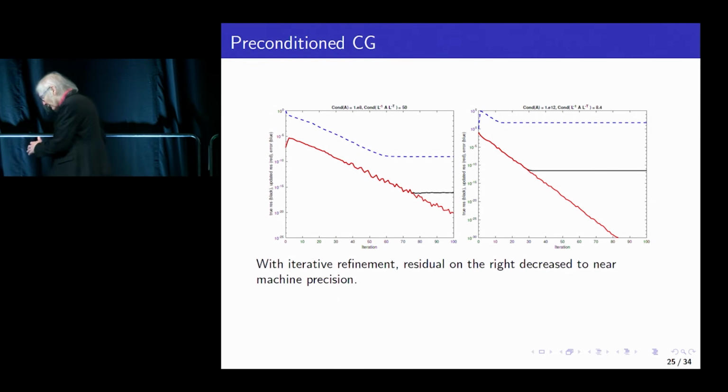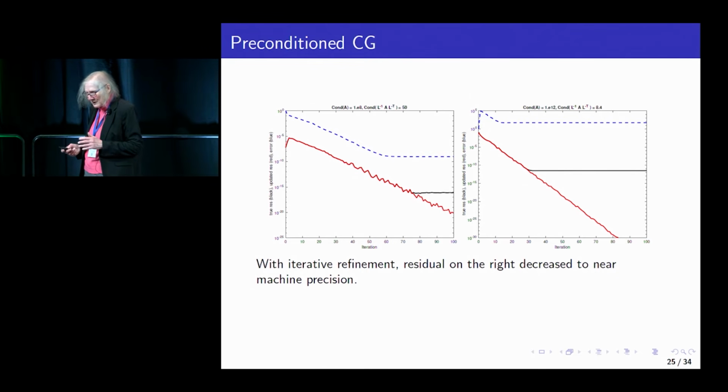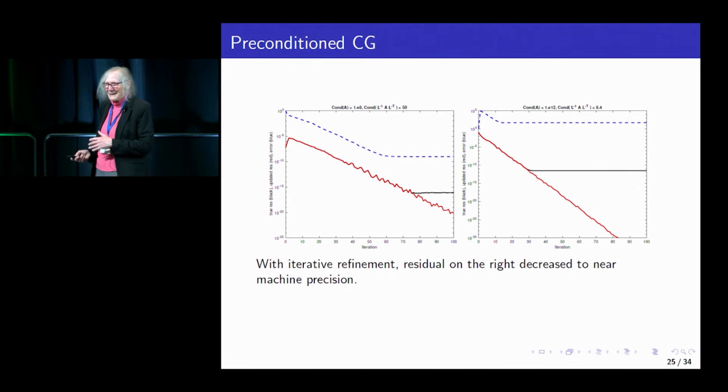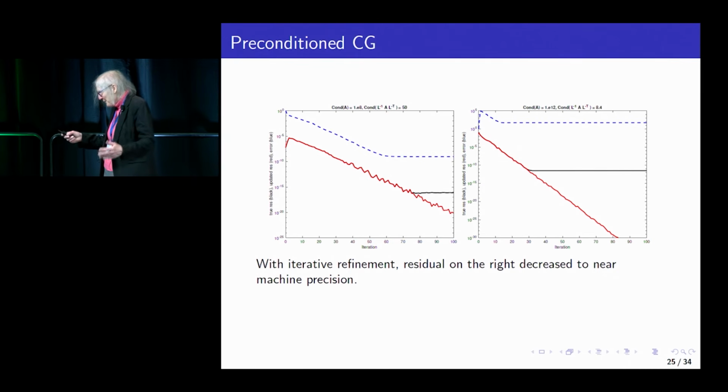If you carry along the true residual instead of the updated one, that actually affects the convergence of CG. It makes it go slower. So you don't want to do that at every step. But when it stops making progress at all, of course, that's a good time to do it.